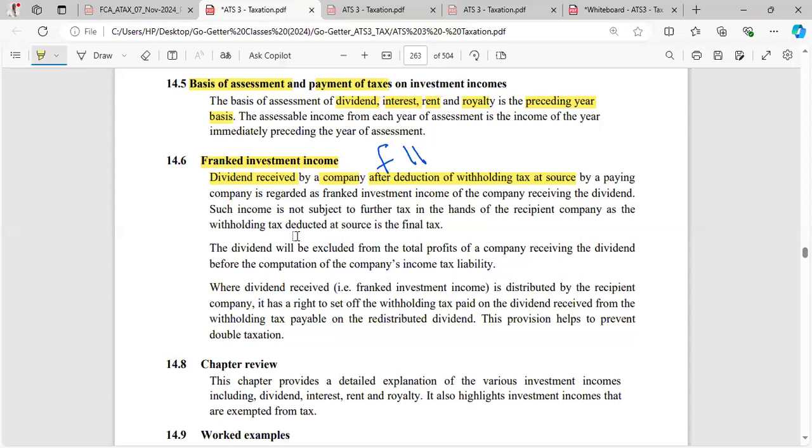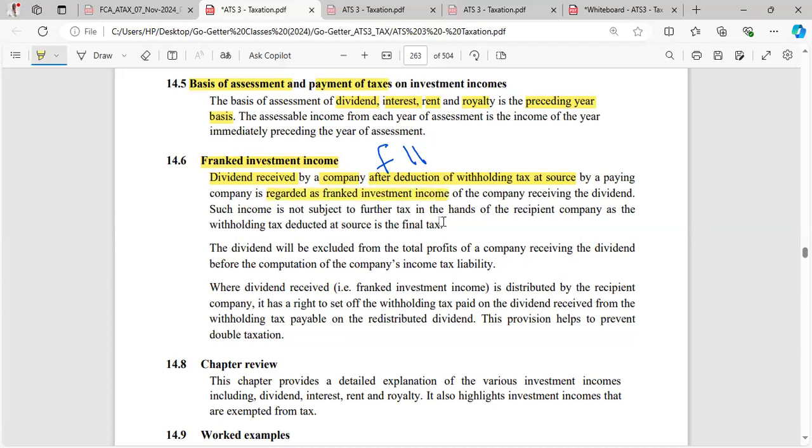Let's say we're talking about 1 million naira here, and Go Getter suffers withholding tax of 10%, which is 100,000, and FCA pays Go Getter 900,000. Now that's 1 million, which is gross already, because I told you that whether you receive it net, you must put it as gross. That 1 million naira that you are supposed to receive is regarded as franked investment income.